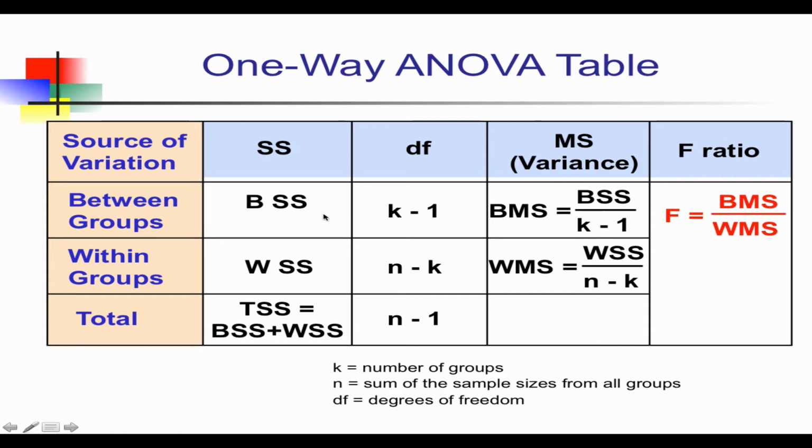So BSS, between sum of square over k minus 1, is BMS, the between mean square. And then you take this term over this term, which is the within mean square. And then the last step is to take the ratio. Remember, you take the ratio on the level of mean square. So F equals BMS over WMS, which is the between mean square over the within mean square. Okay.